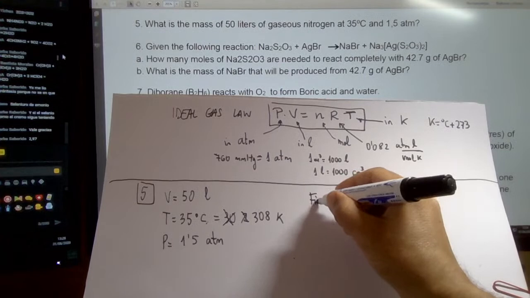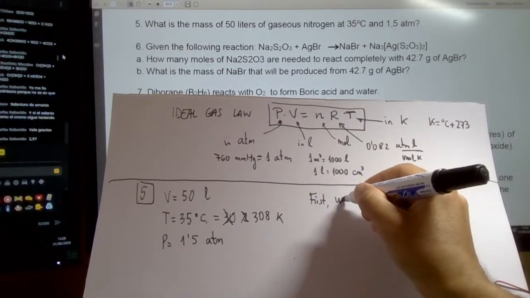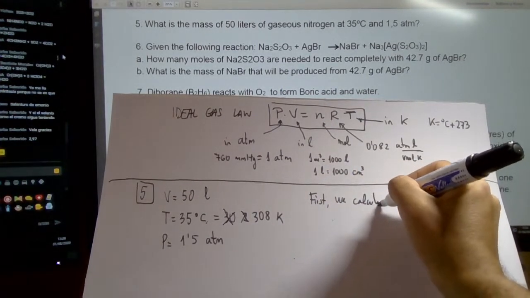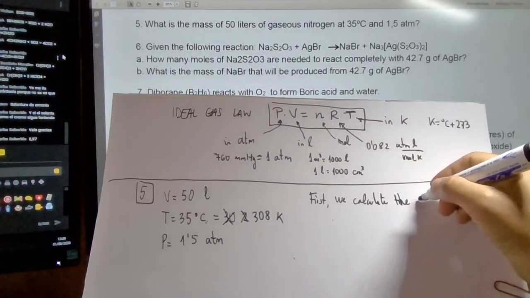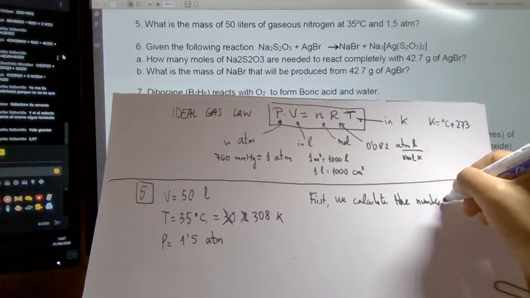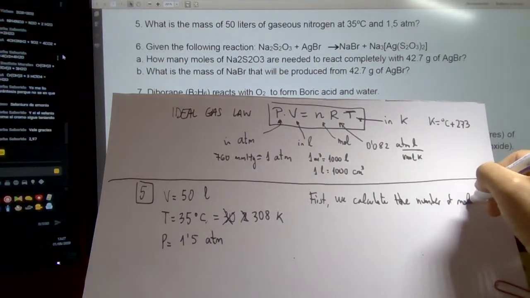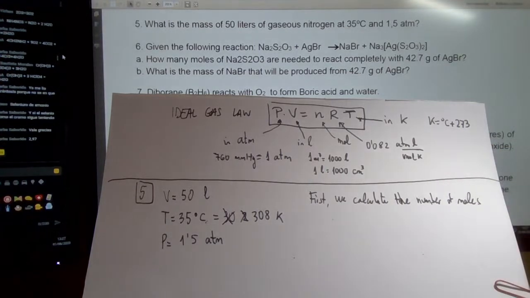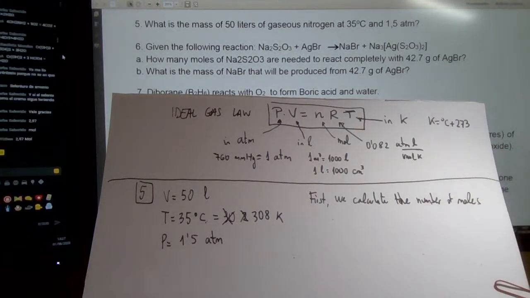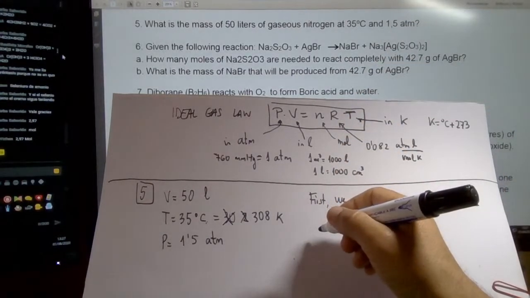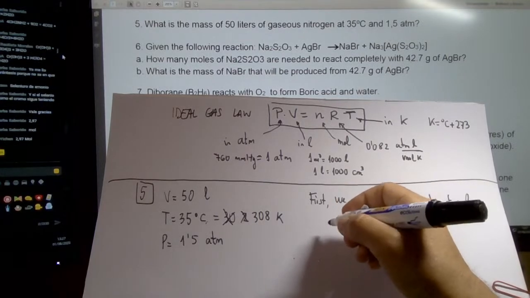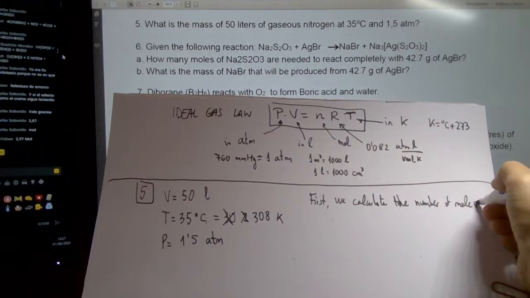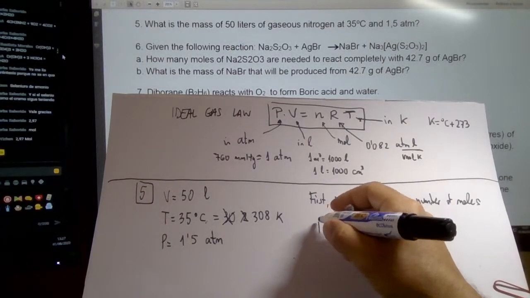First, what do we do? We calculate the number of moles. Pressure 1.5.